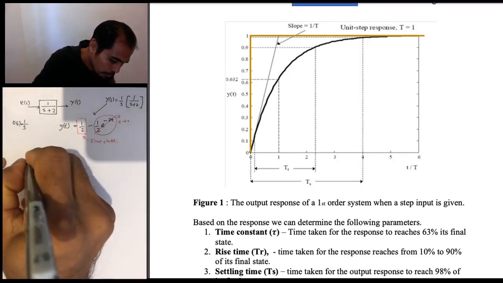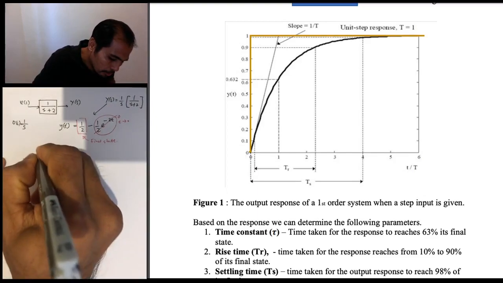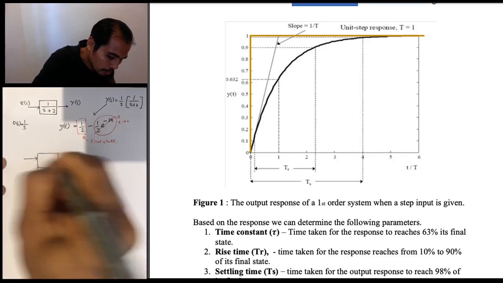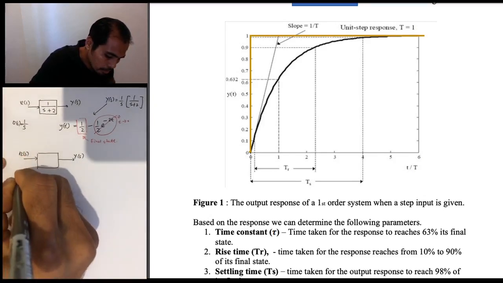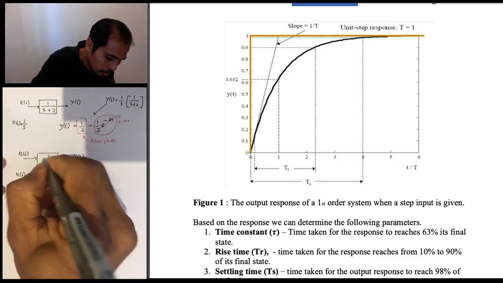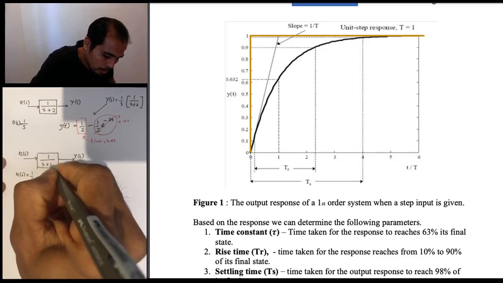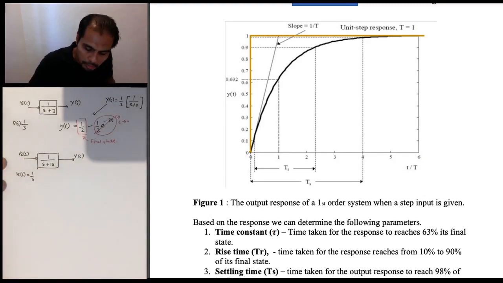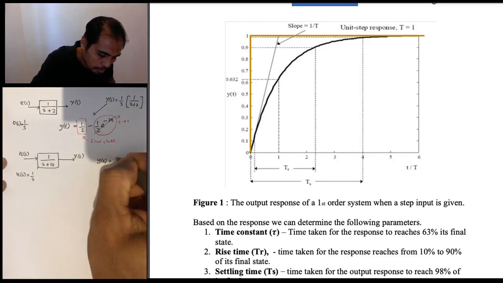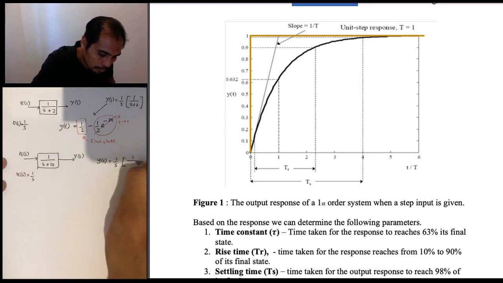So let's say we have a system with step input, just 1 over s plus 10, right? Then we have y of s, 1 over s times s plus 10, right?